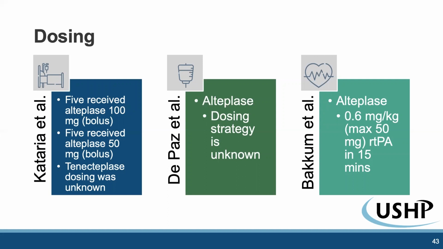And lastly, in this study, we also see some of the weight-based dosing schemes used. And so this basically highlights that the alteplase 50 milligram dosing scheme was most common. And with tenecteplase, we see on average about a 45 milligram bolus to be the most common dosing scheme throughout.